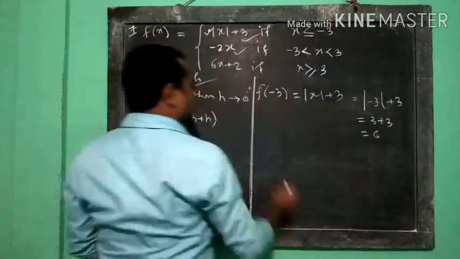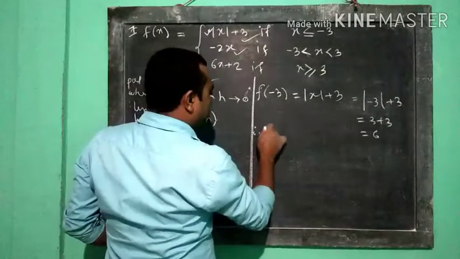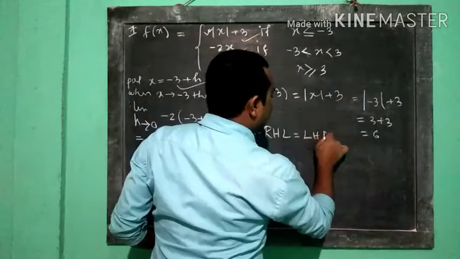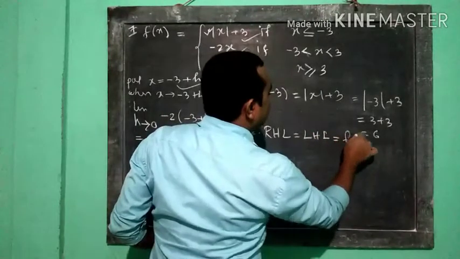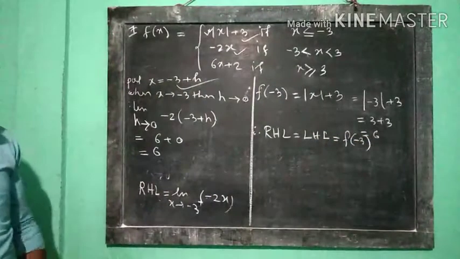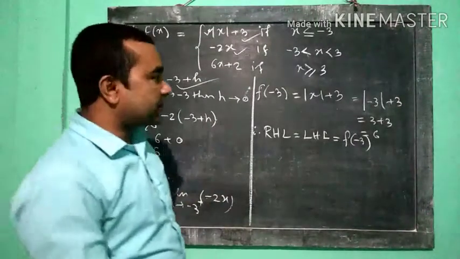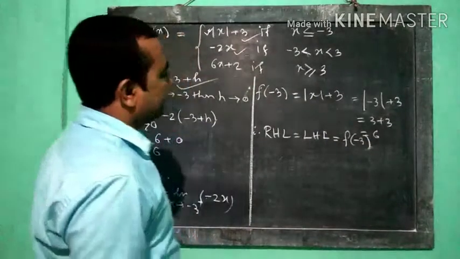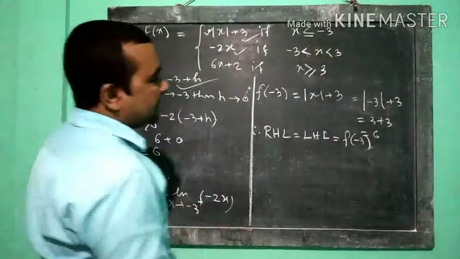So we have the right hand limit equal to the left hand limit equal to f of minus 3. All of them give the same value.